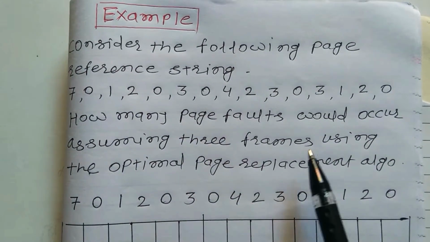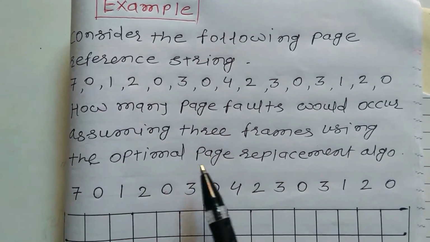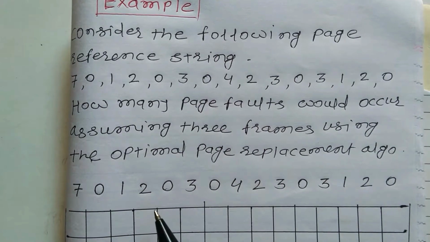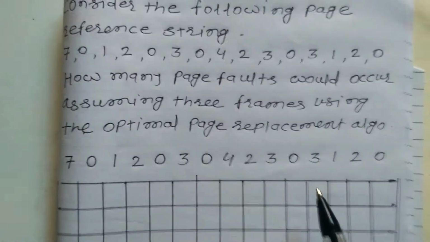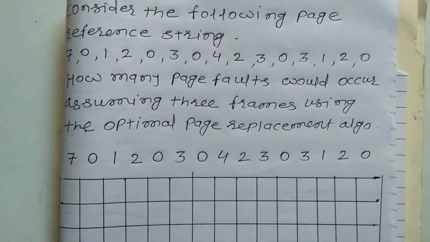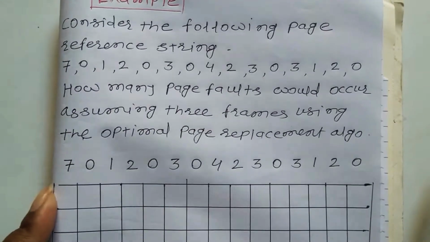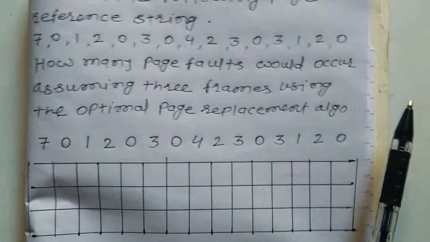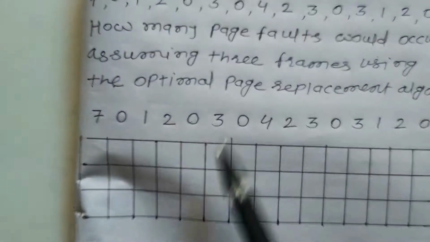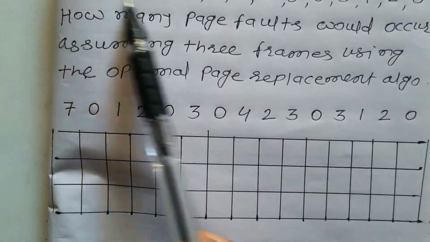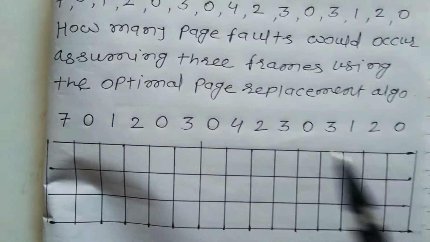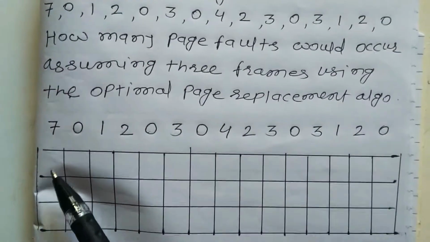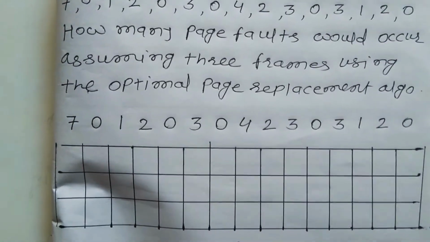How many page faults would occur assuming 3 frames using the optimal page replacement algorithm? As you already know how to solve problems on page replacement algorithms, you have to write down this reference string as it is, and since 3 frames are given, you have to make the frames like this.